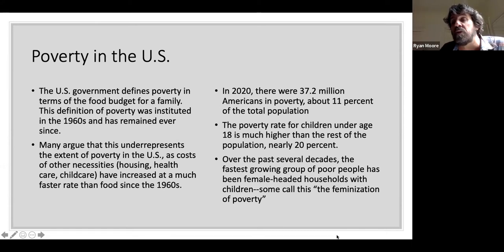The poverty rate for children under age 18 is about 20%, meaning that 1 in 5 kids born in America is born into poverty, which is an absolutely shameful statistic for a country that has more wealth than any other country around the world. And that number also has not been improved upon for decades. It's generally been about 20% since the 1980s or 1970s.